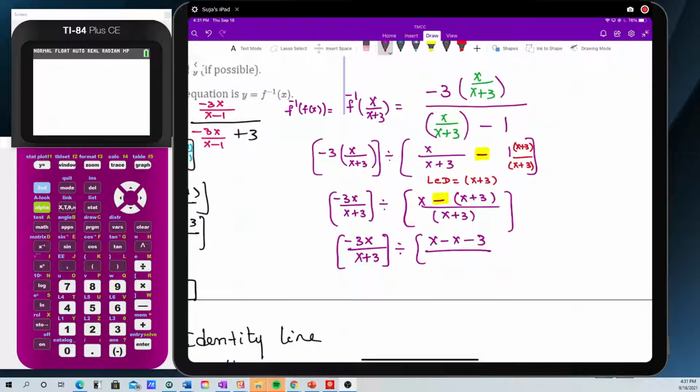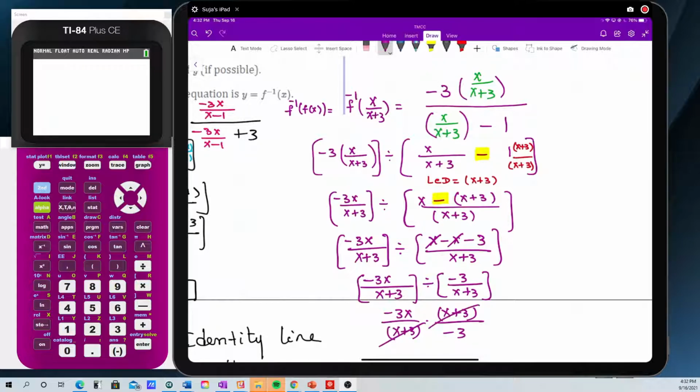It's not plus 3, it's minus 3 over x plus 3. So the x's get cancelled. I get negative 3x over x plus 3 divided by negative 3 over x plus 3. Flip over and multiply the second fraction times x plus 3 over negative 3. The x plus 3 cancels, the negative 3 cancels, and I end up with x.